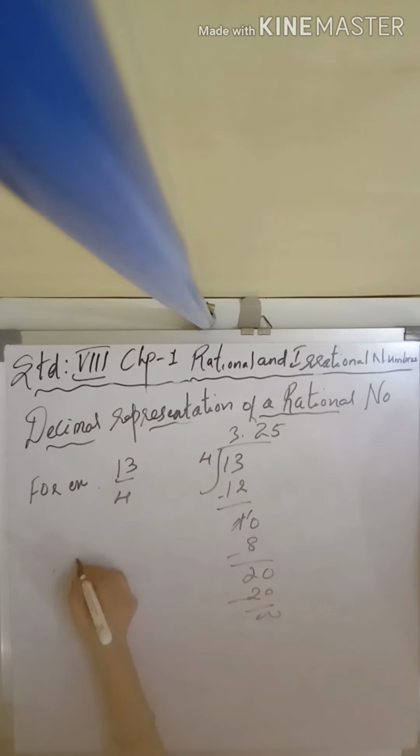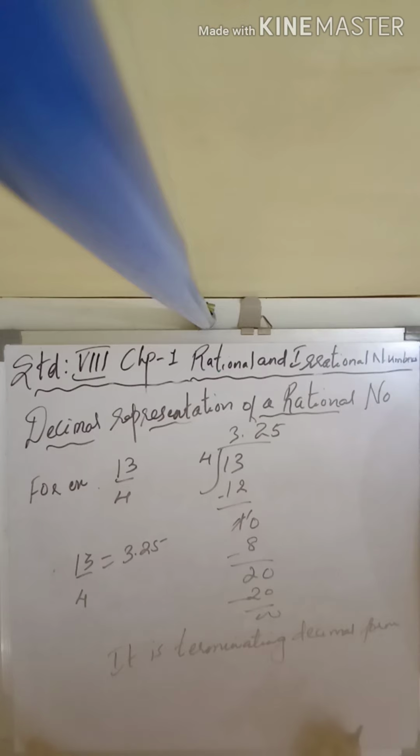So now you can see children that 13 upon 4 is equal to 3.25. So this division is also getting over. So the last statement you have to write is: it is terminating decimal form. After solving the sum, you have to see whether the remainder is 0. If the remainder comes 0, you have to write the last statement, it is terminating decimal form.